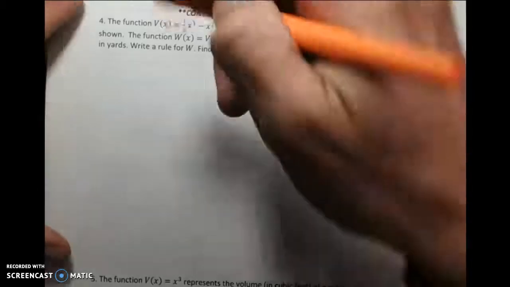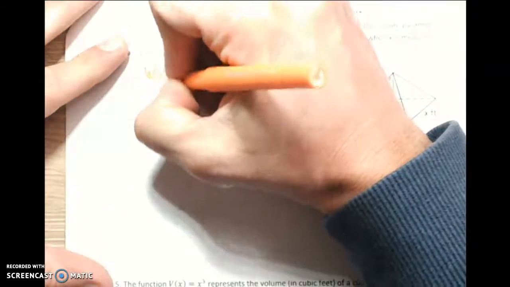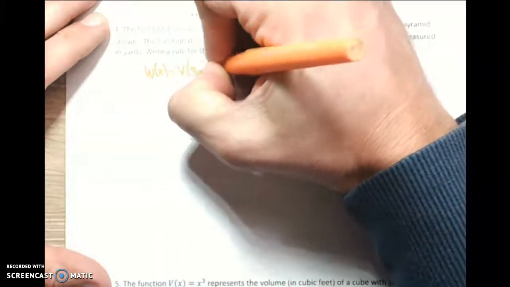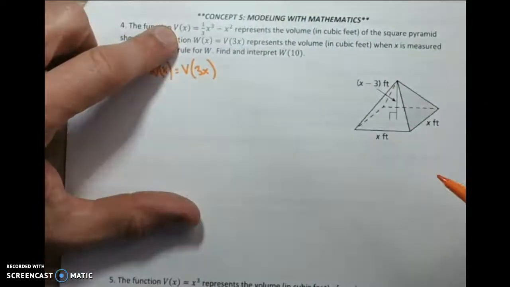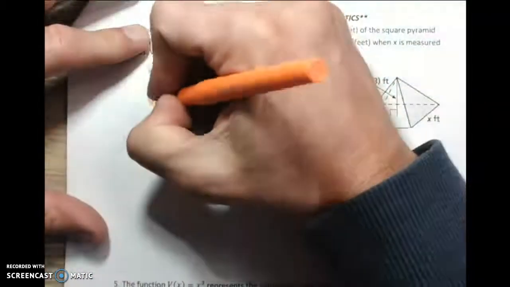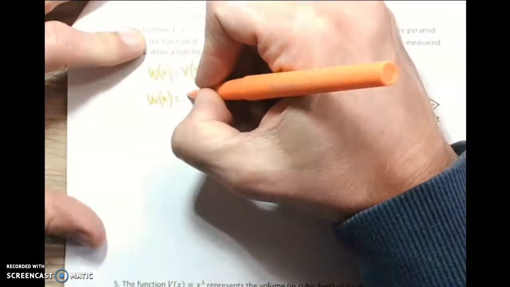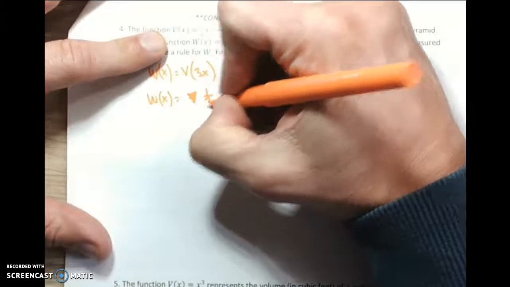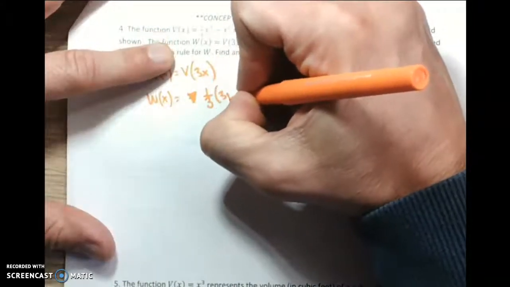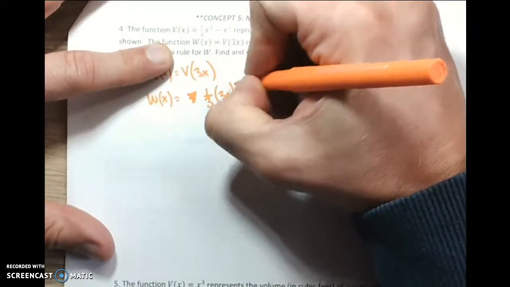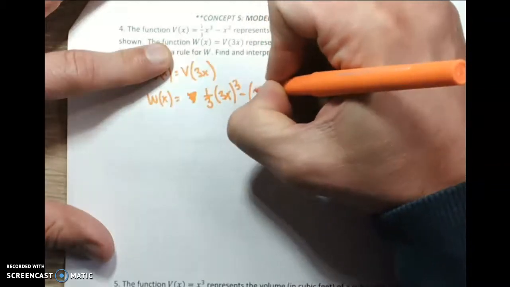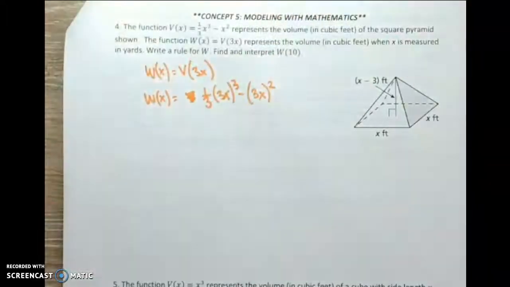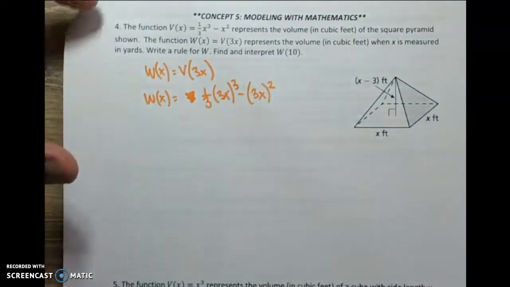Okay, so first of all, w of x equals v of 3x. Alright, well v of x is right here, so I have w of x equals 1/3, and I'm going to replace 3x for x, cubed minus 3x squared. Okay, now I'm just going to simplify.